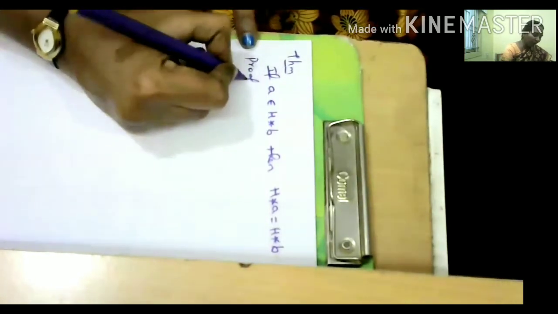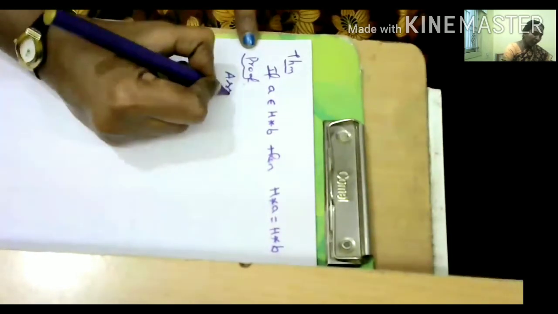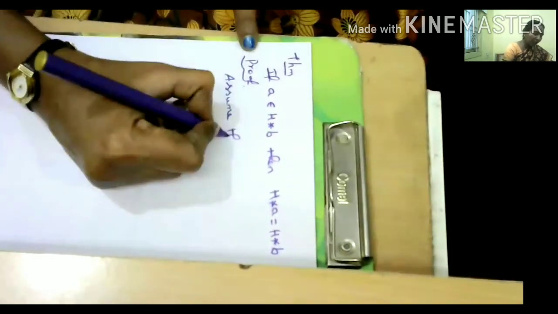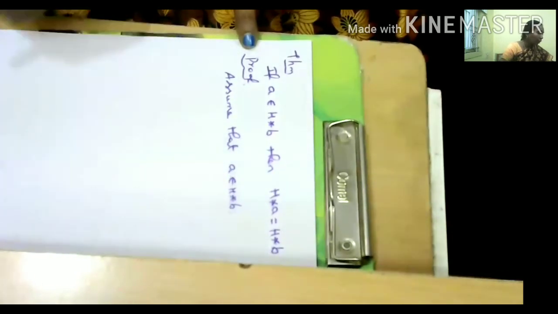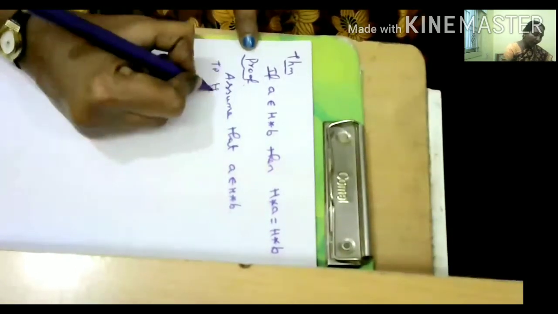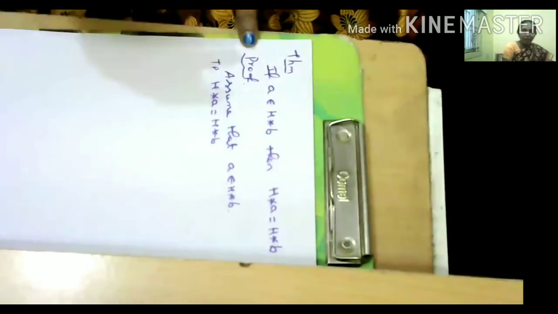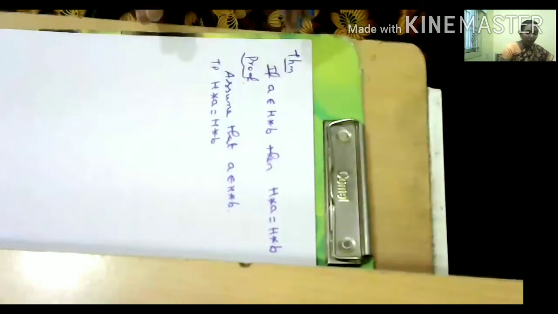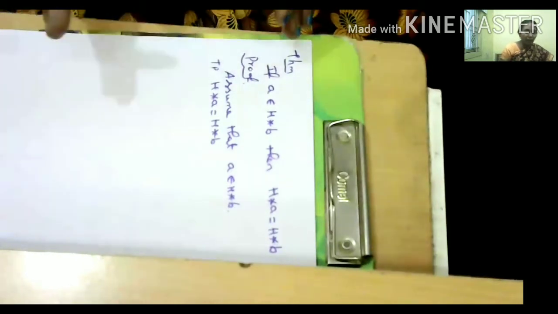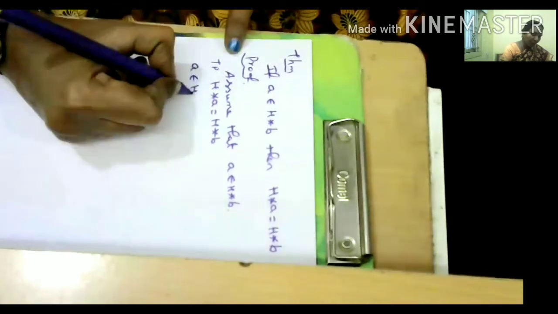Assume that our assumption is a belongs to H star b. To prove now, H star a equals H star b. Here a belongs to H star b is our assumption.